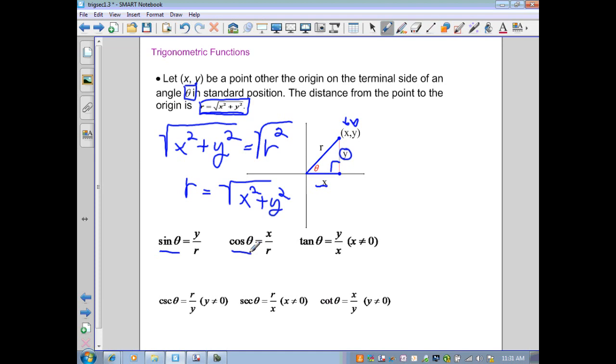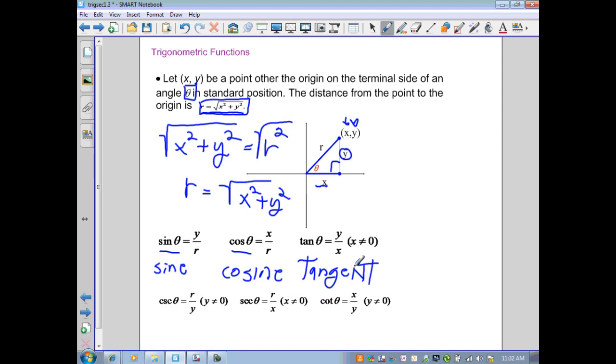So even though these are pronounced a little bit differently, these are the shortcuts for them. So sine is actually S-I-N-E, cosine is C-O-S-I-N-E, and tan is tangent. And theta is the angle that we're talking about that's in standard position.